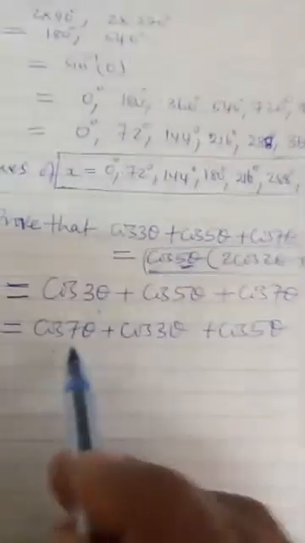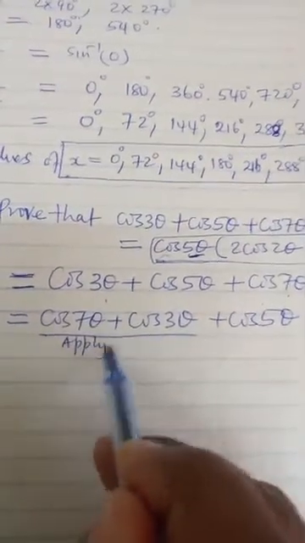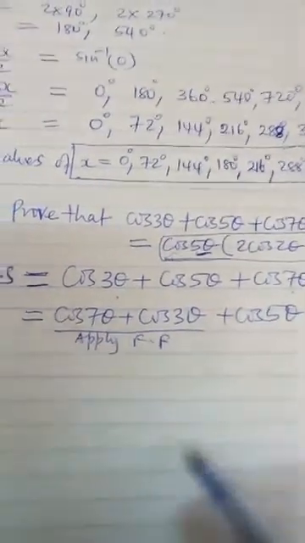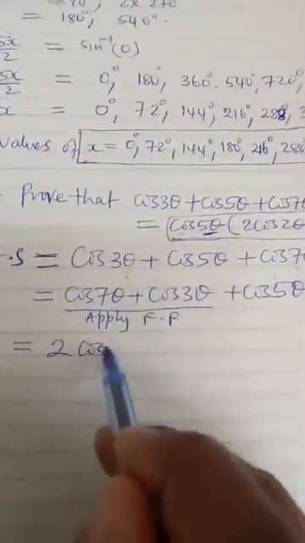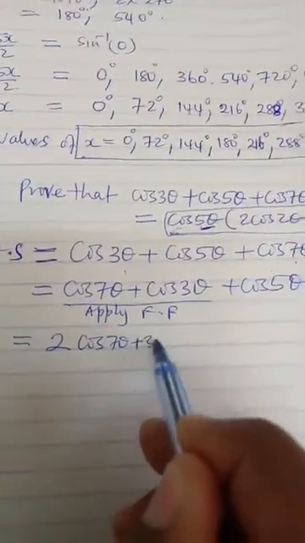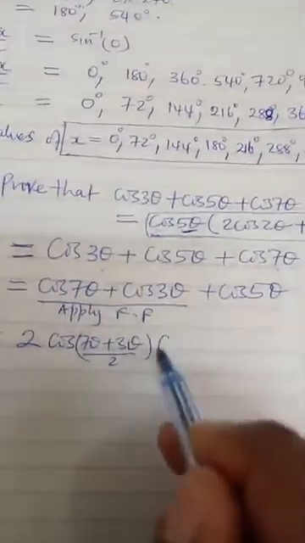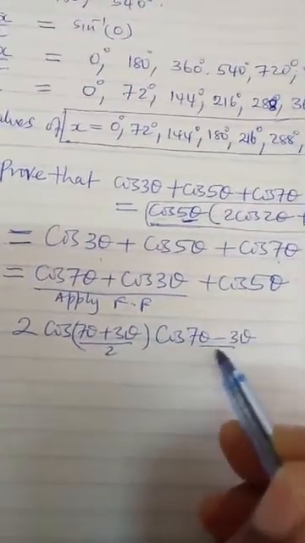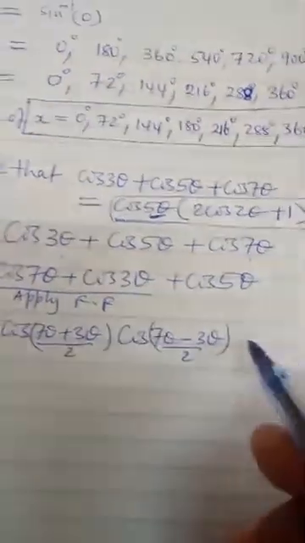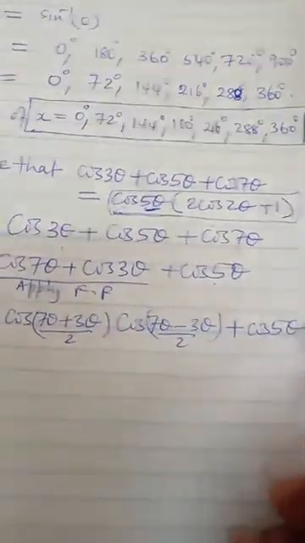We apply the factor formula here, where cos plus cos is 2 cos cos: the cos of 7 theta plus 3 theta divided by 2 into the cos of 7 theta minus 3 theta divided by 2, plus the cos of 5 theta, which is already there.